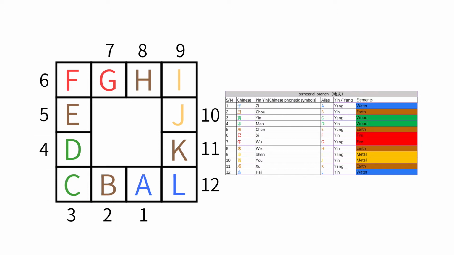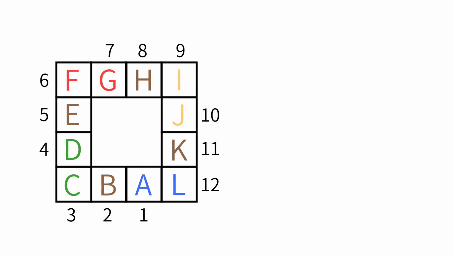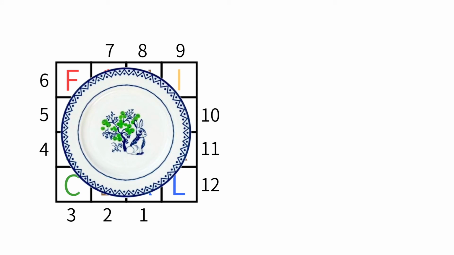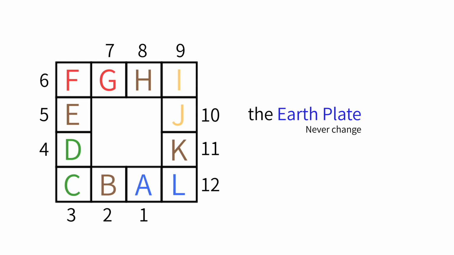This is the order of the 12 terrestrial branches. Because its shape is like a plate, this is why it is called the earth plate. The earth plate is always the same. No matter when we use Liu Ren to predict things, the earth plate will always be like this.